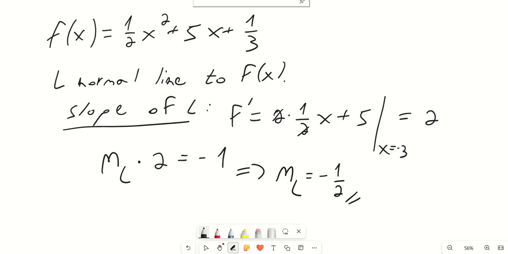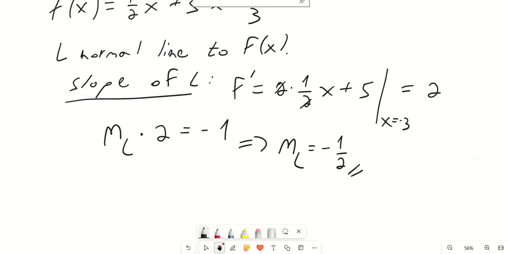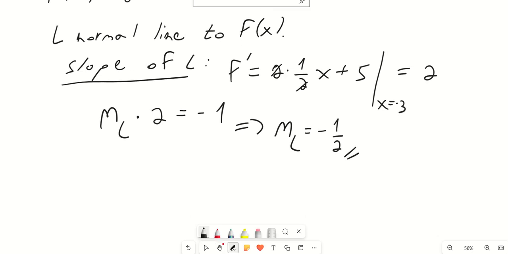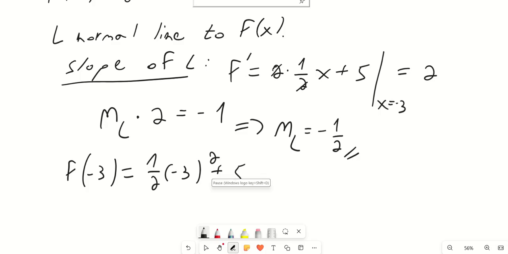Now I also know that L, the normal line, goes through the point x = -3, and I can also find the y coordinate of this point. Sorry.